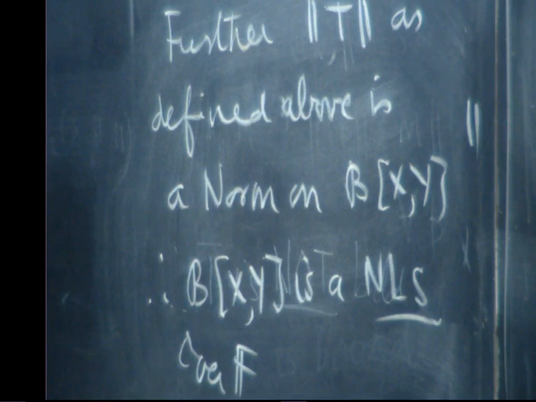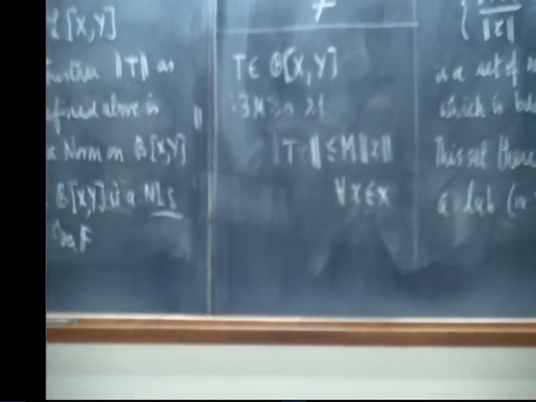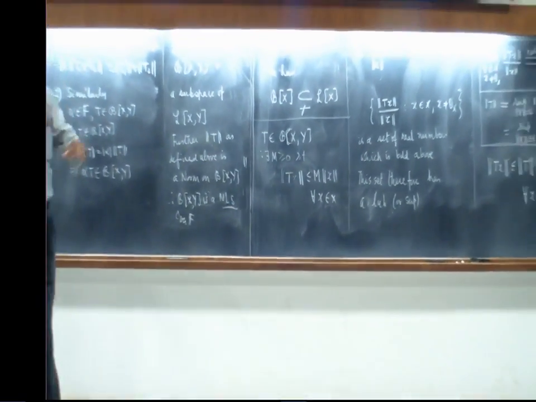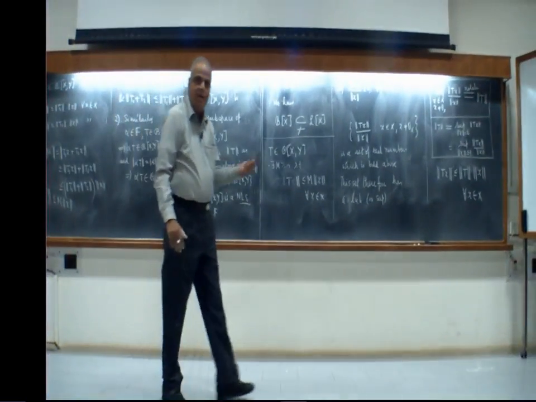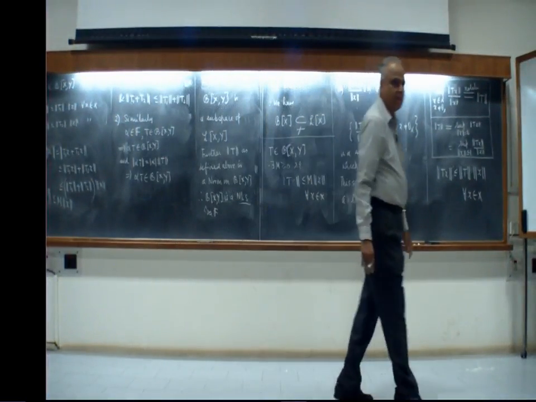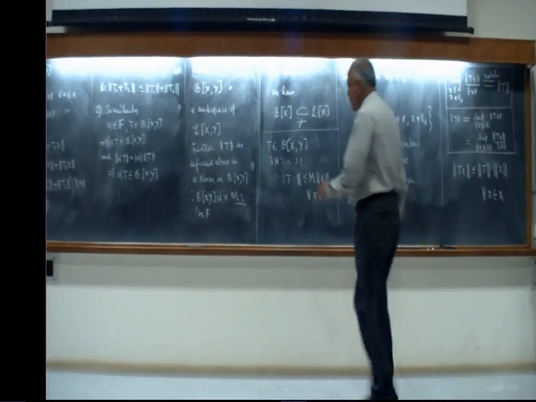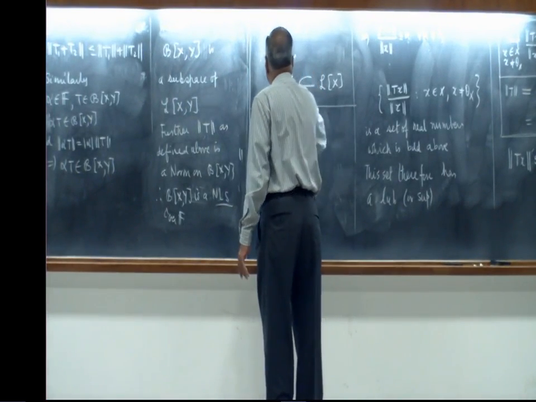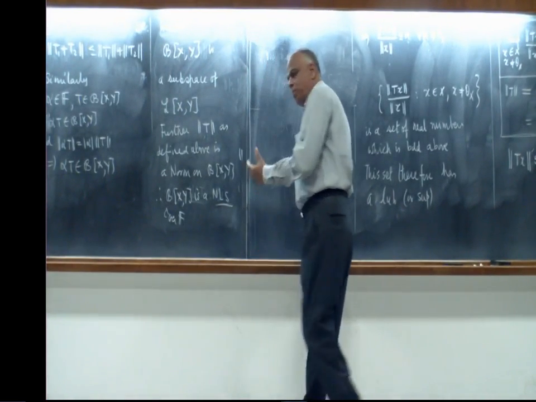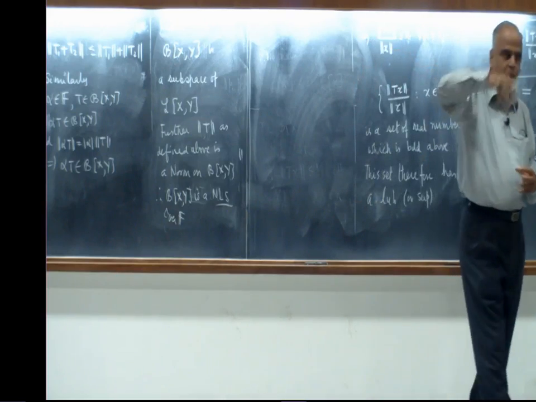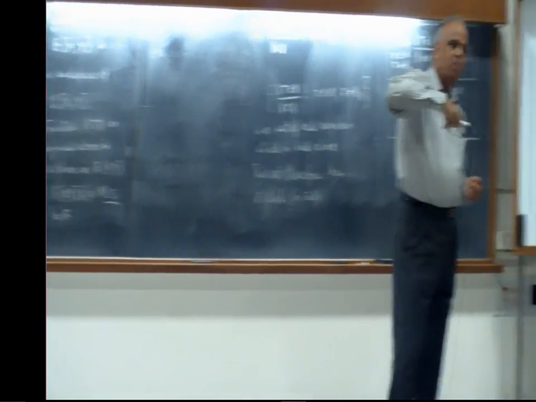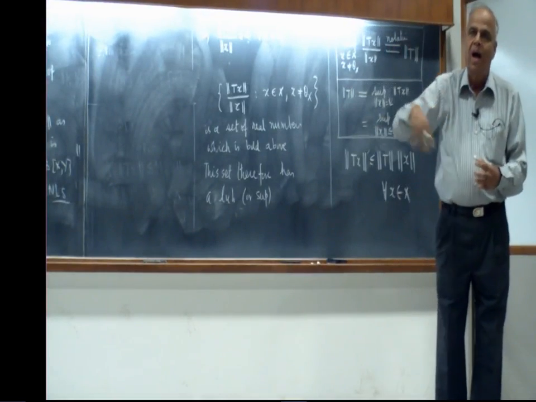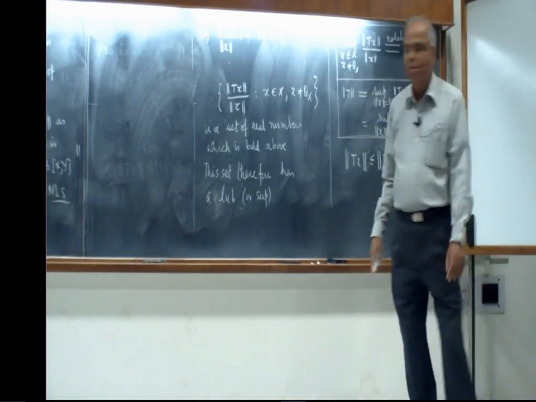So now we have this Lxy, which only had the vector space structure, but inside that I have a subspace which has not only the vector space structure but also the normed linear space structure. So the Bxy is a much nicer structure, in that it has the norm, because it preserved the norm properties of these two spaces, and that made this also a normed linear space.